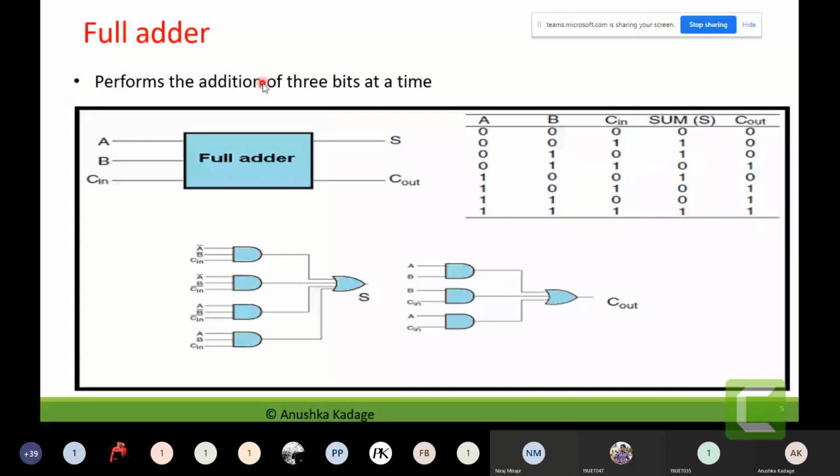It means that at a time, this block is going to accept 3 bits as input. And if I am having 3 bits as input, the possible input combinations I have to represent in the truth table, which will start from 0, 0, 0 up to 1, 1, 1.